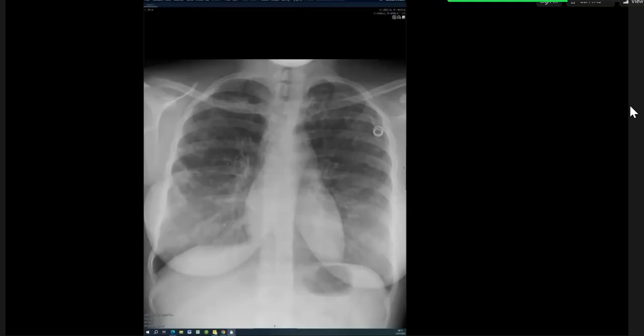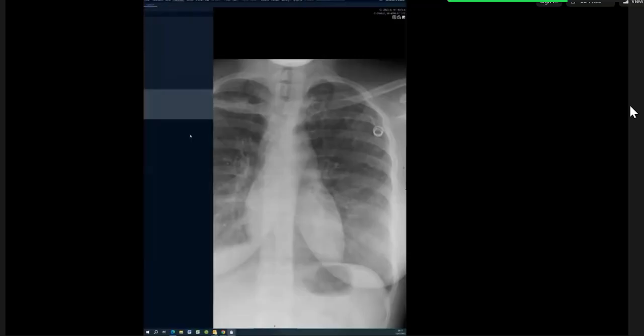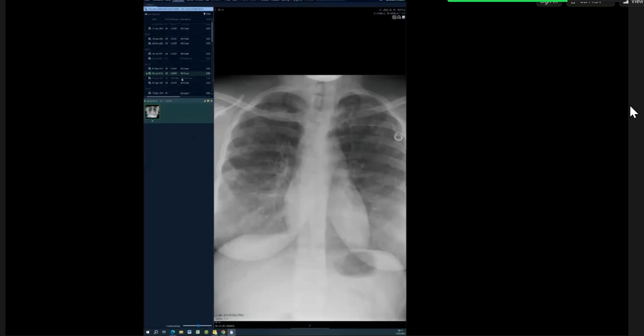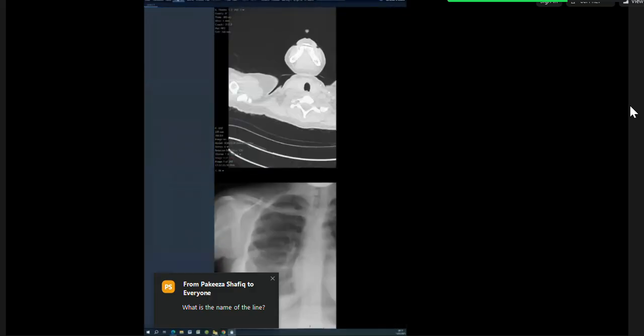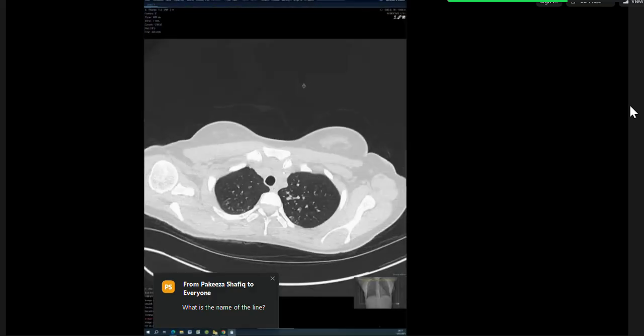I know that cystic fibrosis patients are prone to ABPA, and they're prone to aspergillomas, and they're just prone to normal sort of bronchiectasis and infections associated with that. So I would like a CT scan to further characterize. Okay.